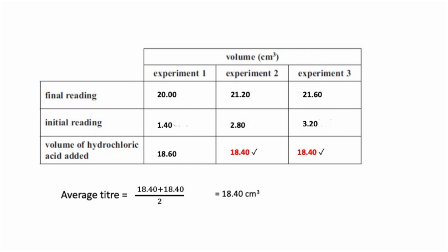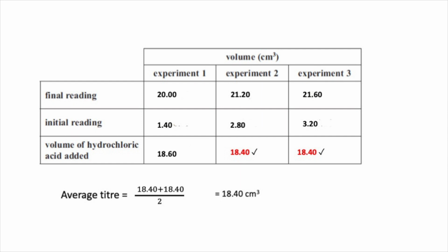Now notice, when carrying out these two other experiments, Mr. Firth didn't have an initial reading or volume of 1.40 centimetres cubed, because that's not needed, because all you need to do is note your initial volume of acid in the burette, note your final volume of acid in the burette after you've added it to the alkali, and do the final volume minus the initial volume to work out the volume of acid added. So in both these cases, the volume of acid added was 18.40 centimetres cubed.